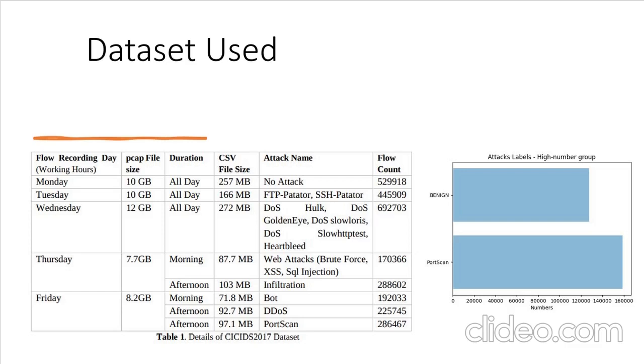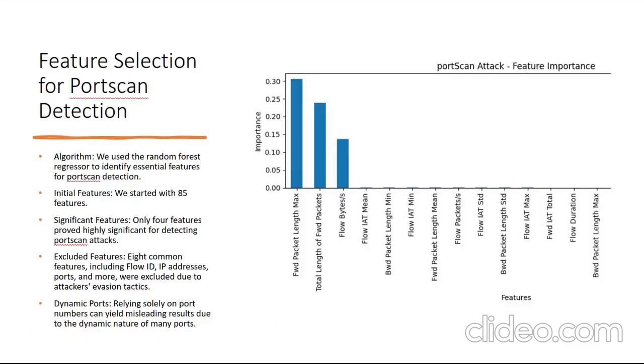So here is the thing. For the algorithm, we employed the random forest regressor algorithm to pinpoint crucial features for port scan detection. Our analysis began with 85 features, in which only 4 features exhibit high significance in detecting port scan attacks.